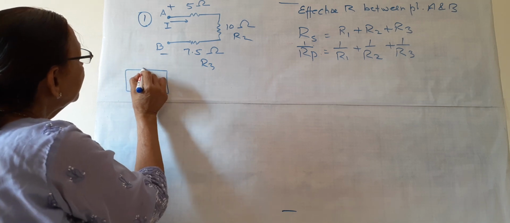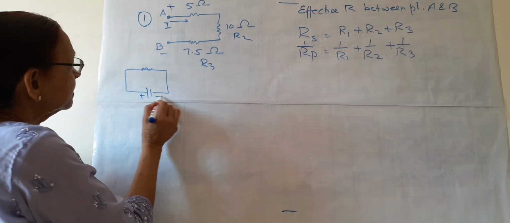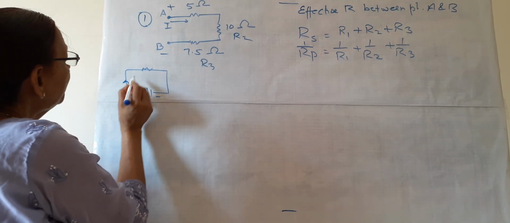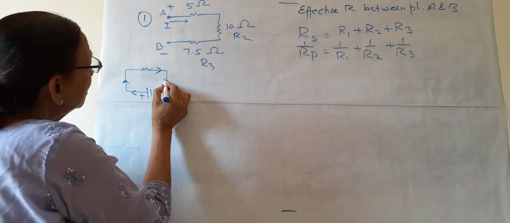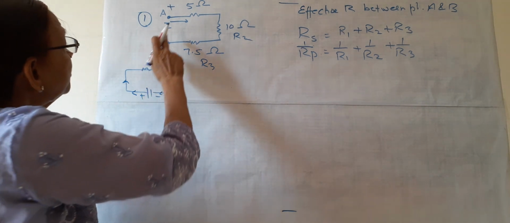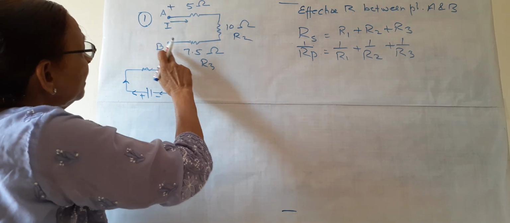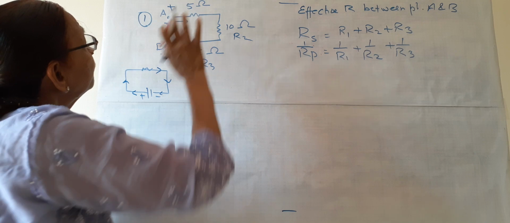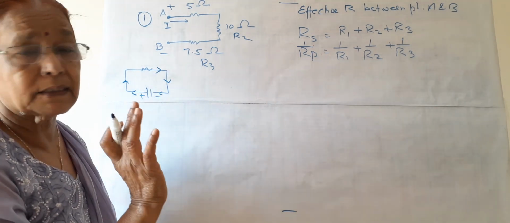Suppose this is a battery, this is a resistor, this is plus side, this is minus side. The current will go from positive, pass from the resistor, and come back to the negative terminal of the battery. Suppose this is the positive terminal A and B is the negative terminal. So current is flowing from A in the circuit.